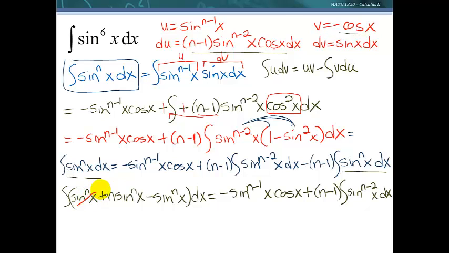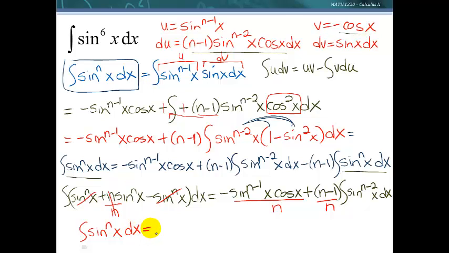Now we can see that these two would combine, and this n is a constant, so I could divide both sides by n. We'll do it over here like this. And what I am left with is a formula when I have the integral of sine raised to some positive integer power dx.